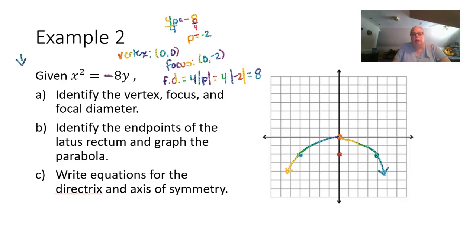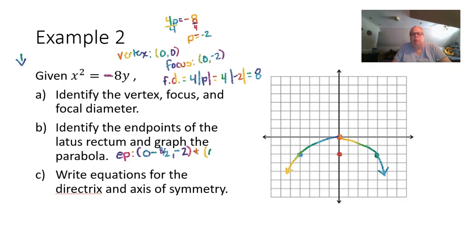The way we should probably get those endpoints, though, is we want to take the vertex, not the vertex, I'm sorry, the focus here, and we are going to subtract half of that focal diameter, so 8 divided by 2, and keep the y coordinate.